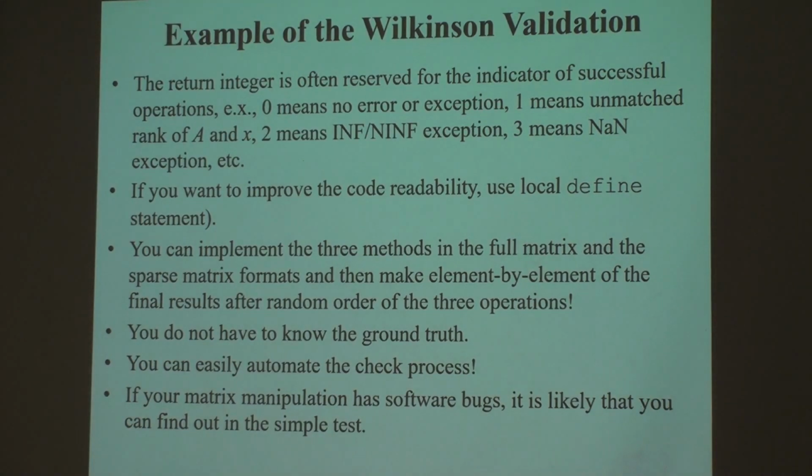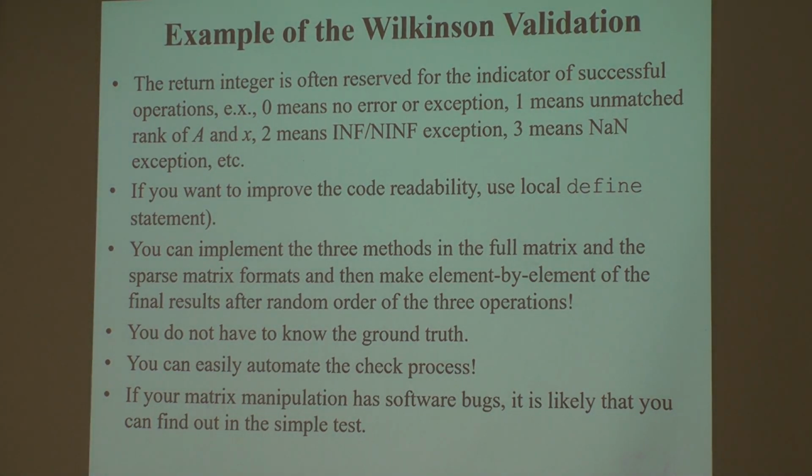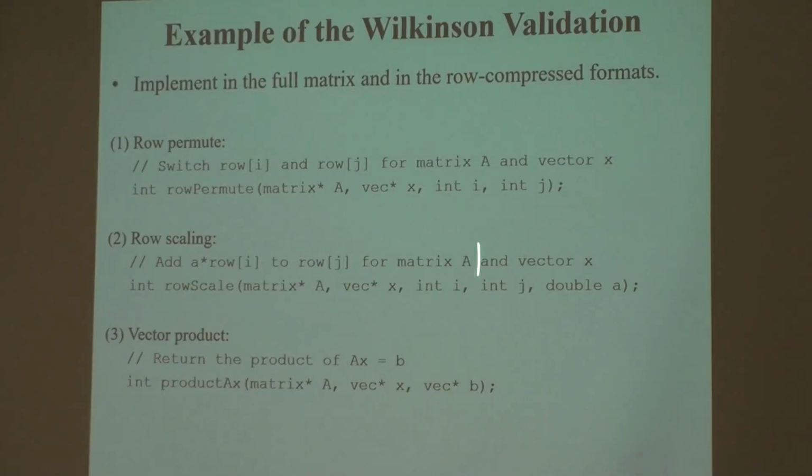And then you know my sparse matrix indexing schemes and algorithm are most likely correct, by this very simple check. So if you have software bugs, it's likely you can find them in a simple test. Your simple test will fail if you have a software bug in these three methods.